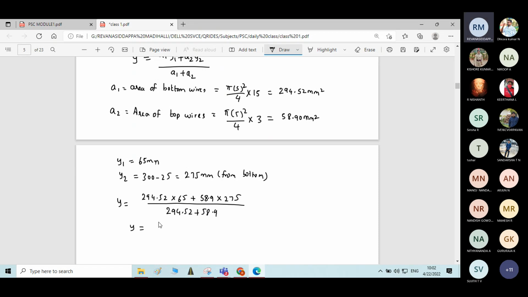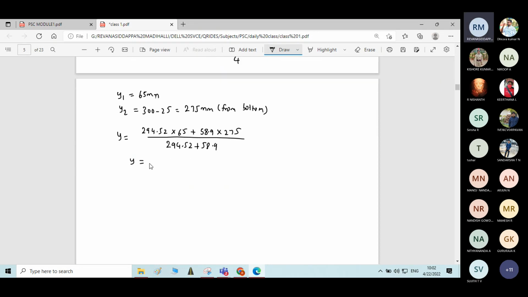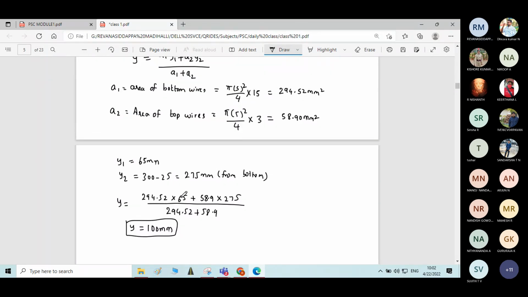Please calculate the answer and check it as well. It is 100 mm. Y is equal to 100 mm.